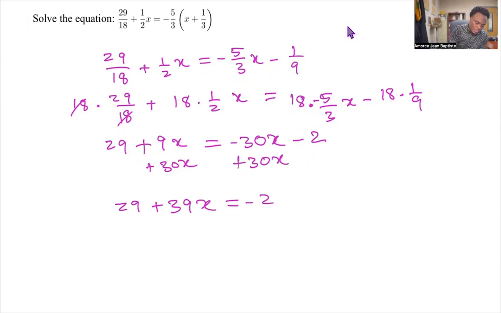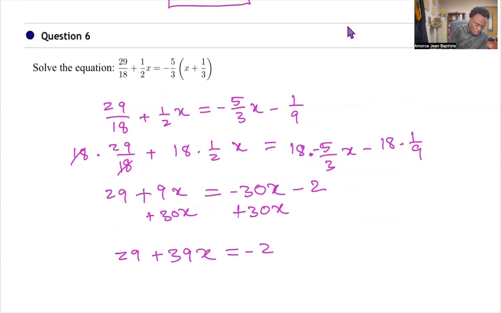There's a problem here, because when you distribute this over, that's negative 5x over 3. And this one will be negative 5 over 9. It's not just 1 over 9. Negative 5, so this is negative 5 as well.